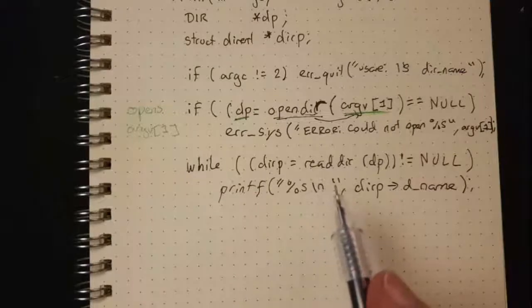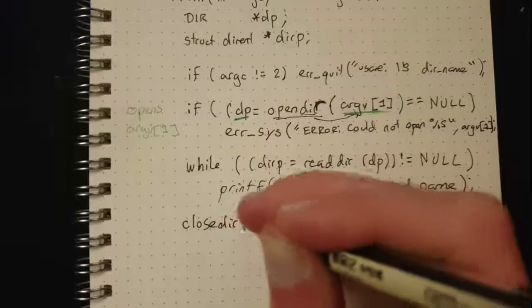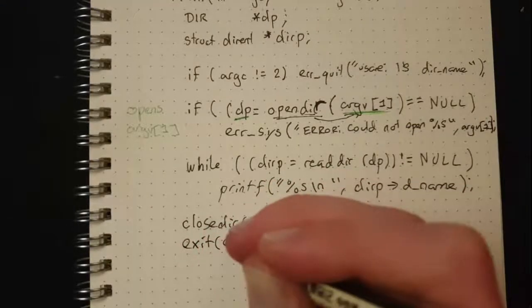And we close dir dp when we're done and exit 0.